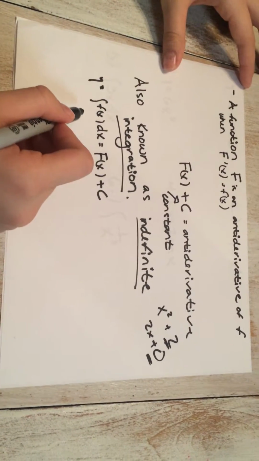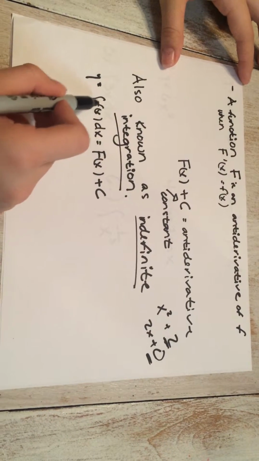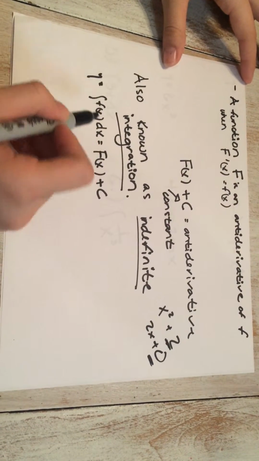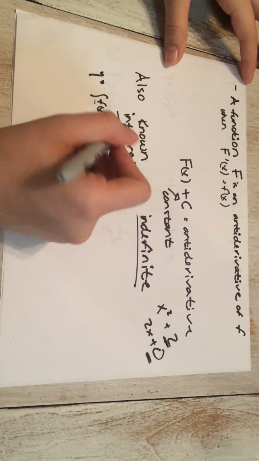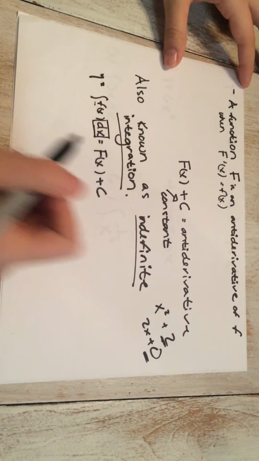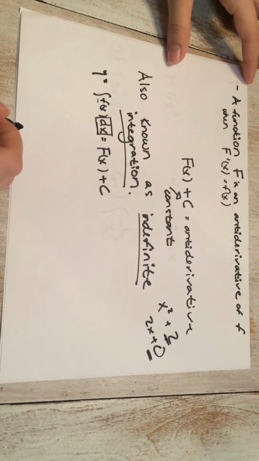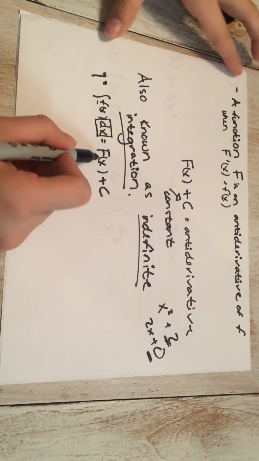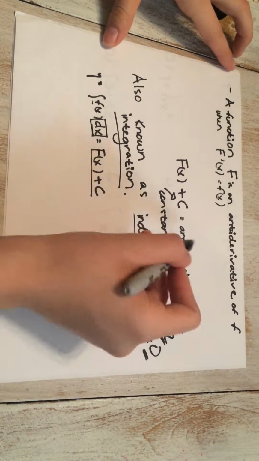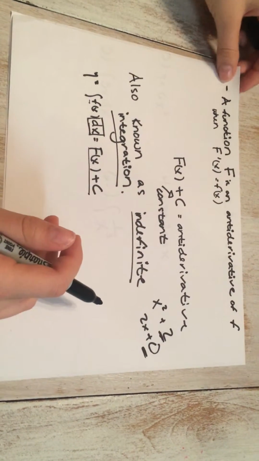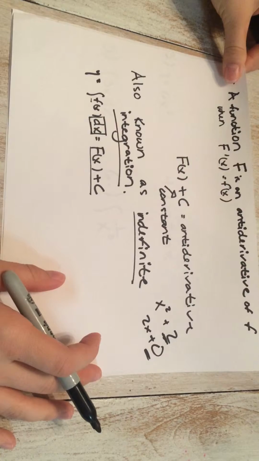This is basically read as the antiderivative of f with respect to x. This dx dictates what we're taking the antiderivative with respect to, which is big F of x plus c, which is just the antiderivative. So indefinite integration is just antiderivatives.